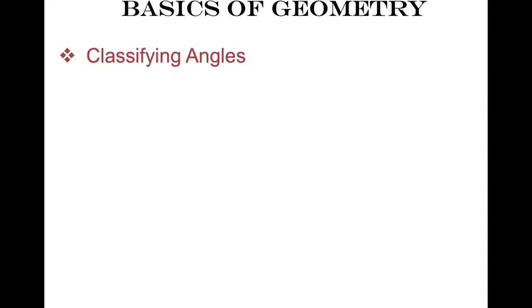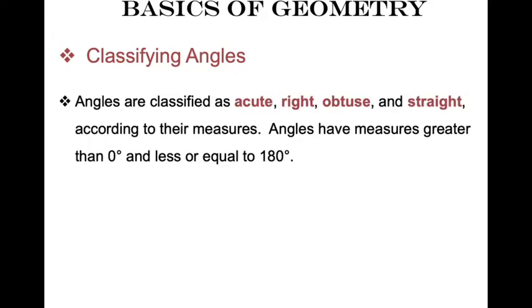Continuing with the basics of geometry, how do we classify angles? There are four types of angles that form the basics of geometry: acute angle, right angle, obtuse angle, and a straight line.